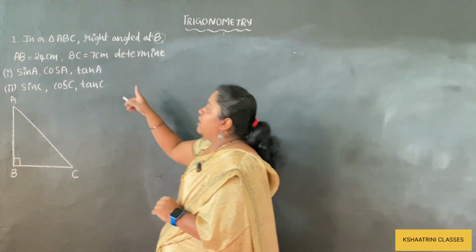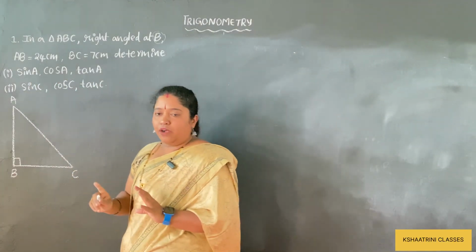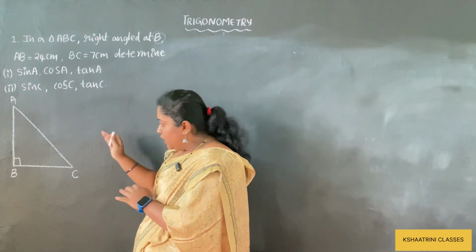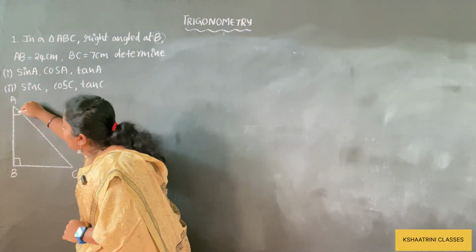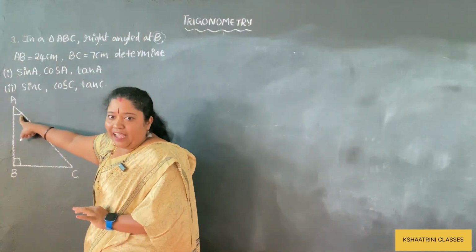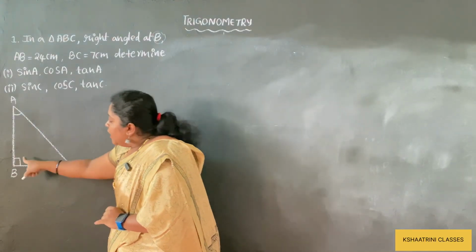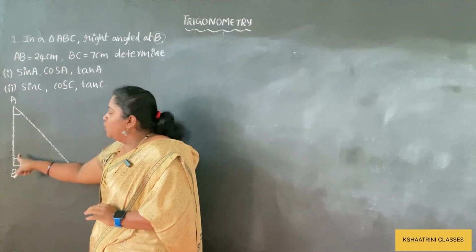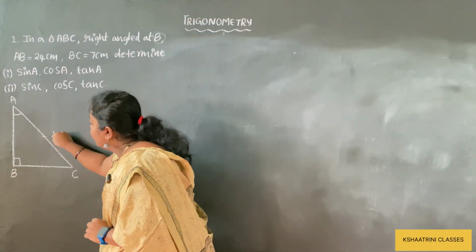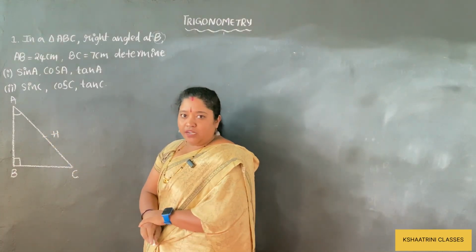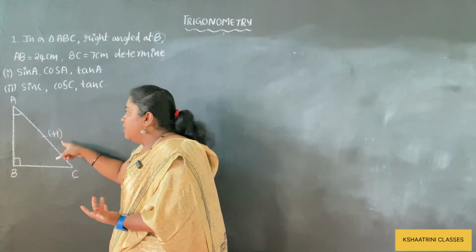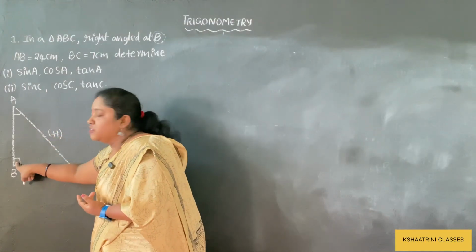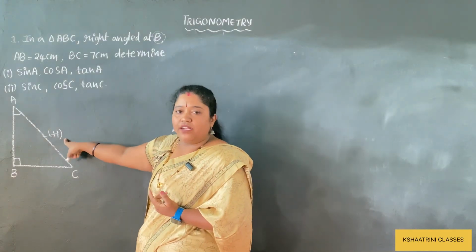Fine. Now we'll write with respect to angle A. Okay, so as I told you, first we'll name the diagram and after that we'll proceed. With respect to angle A means the considered angle is angle A. If it is 90 degree, then you know this side is referred to as hypotenuse. I'll name just H here, hypotenuse. Always it is sure that the side which is opposite to 90 degree is considered as hypotenuse.